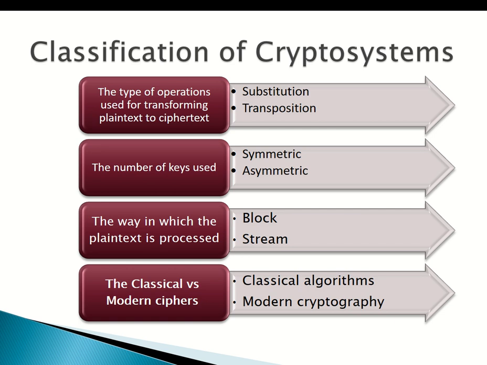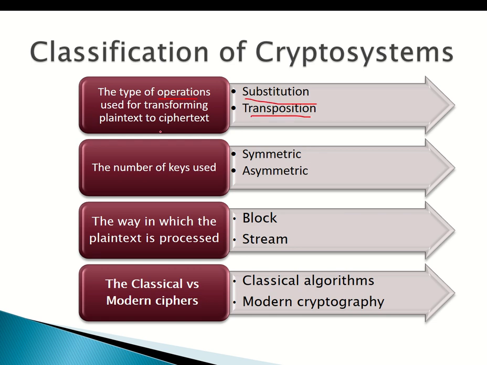So we can classify a cryptosystem into four categories based on four criteria. First of all, we can classify it based on the operation, and in the operation we will end up with two types, substitution and transposition.